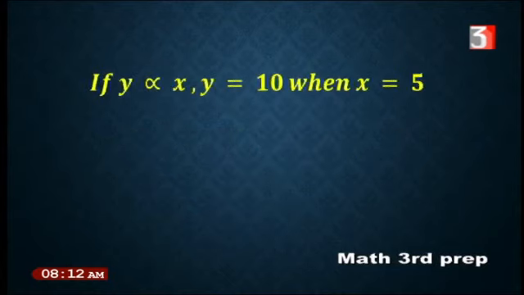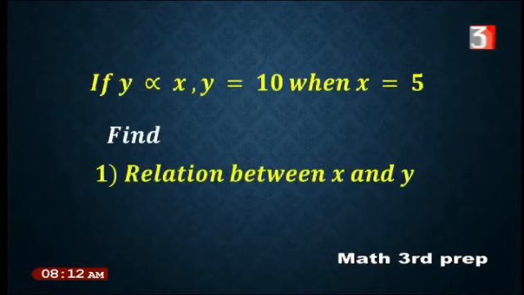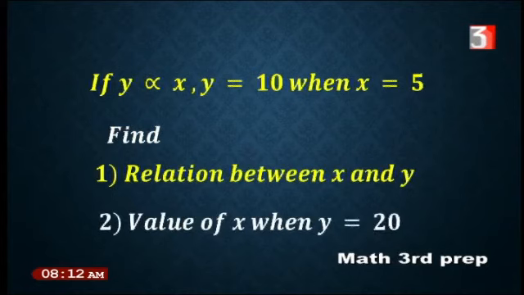If y varies with x, and y equals 10 when x equals 5, find first the relation between x and y, and second, the value of x when y equals 20. At the very beginning, we can change the varies form into equals a constant.